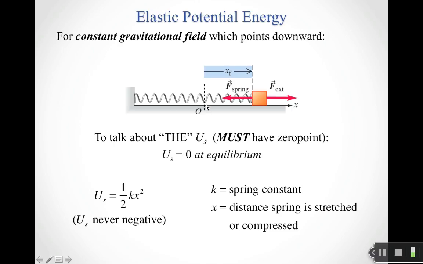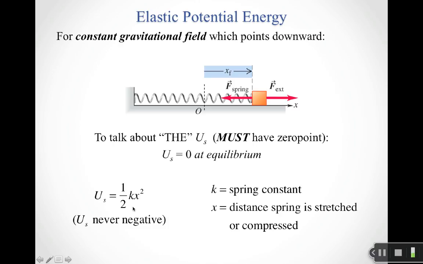So we don't have a choice, we're always going to put it at the equilibrium point. And then we can calculate the elastic potential energy as just 1/2 kx squared, where again x is basically defined to be the distance that you're either stretching or compressing the spring.